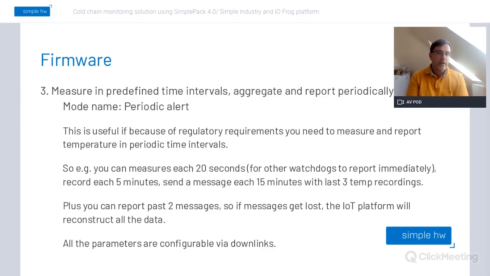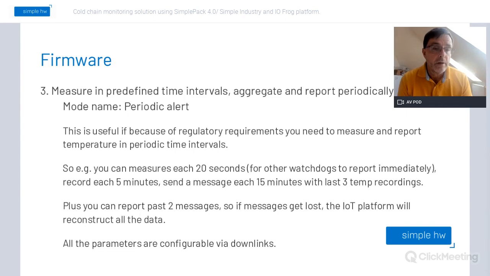And then you aggregate those three recordings into one message, and you send a message each 15 minutes with the last 3 temperature recordings. So instead of sending the information each 5 minutes, you aggregate it, and you save a lot of energy by aggregation.